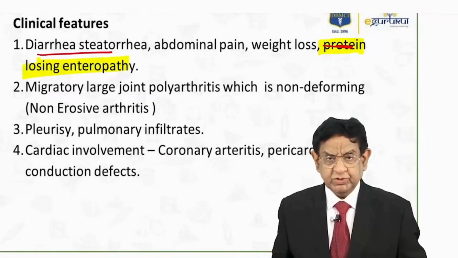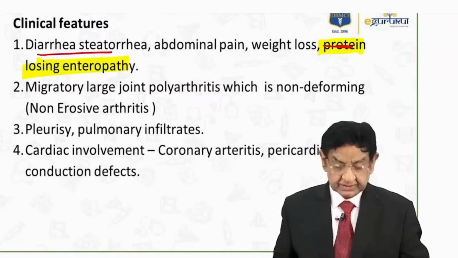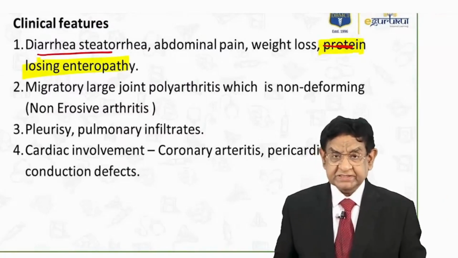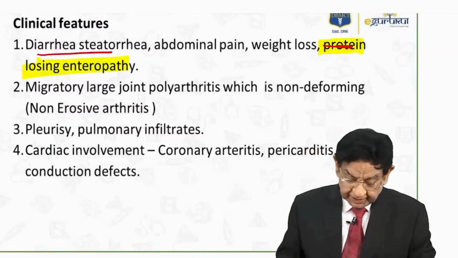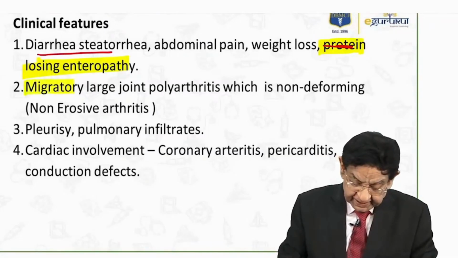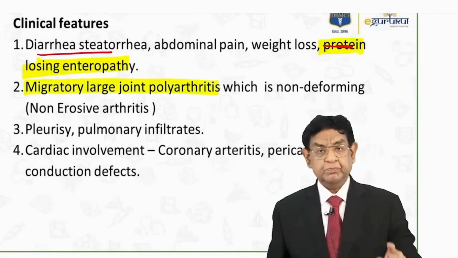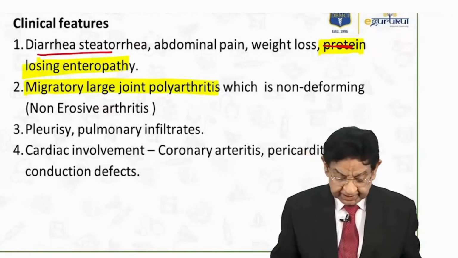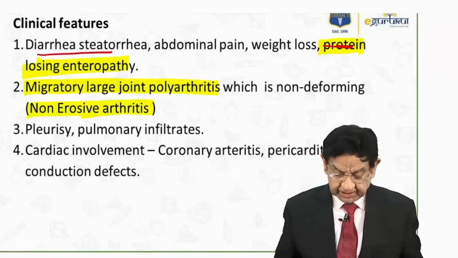So definitely the patient is going to lose protein. This is regarding the GIT. And one more thing, it's a multi-system disease, it may involve the joints, migratory large joints, point to be noted. And they do not cause any deformity, so it is a non-erosive arthritis.